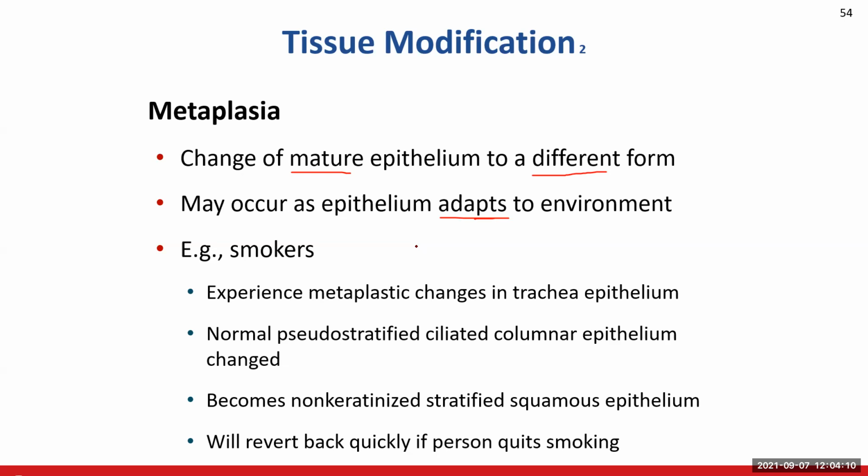You went from technically one cell layer to multiple cell layers. I mean, completely different. And it's an adaptive form to protect because smoking is carcinogenic, but obviously it's harmful. So the body has to do what it does to protect itself. Now, the interesting thing is it will revert back to that pseudostratified ciliated columnar epithelium if the person stops smoking.